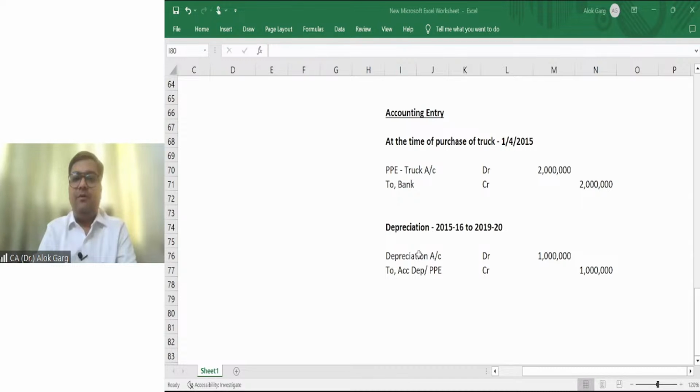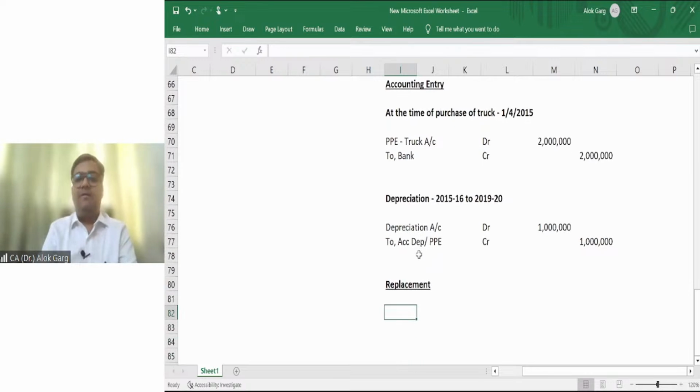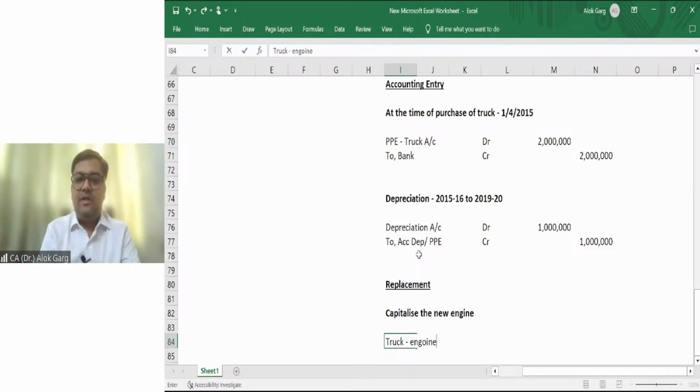First of all, you have to pass the purchase of the new engine at the time of replacement. At the time of replacement, what will you do? You will capitalize the new engine. What is the accounting entry for capitalizing the new engine? Truck, engine account debit.